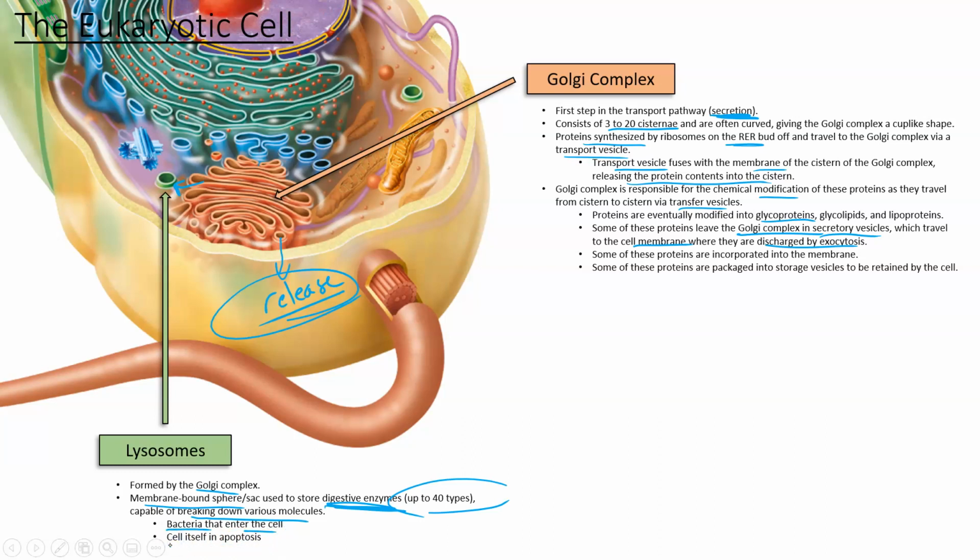And they can also break down the cell in times of cell tissue damage. Okay, if a cell becomes damaged, or if a cell is old or needs to be broken down, it can digest itself in a process called apoptosis.